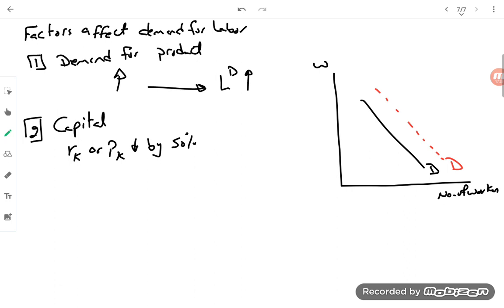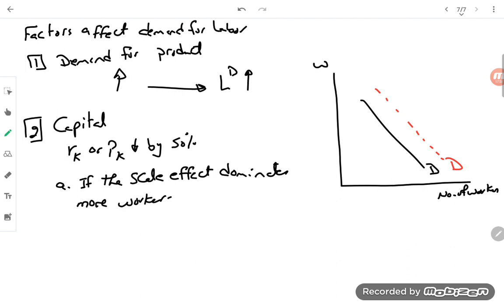Case number one, if the scale effect dominates, more workers will be required, and the demand for labor will shift to the right.